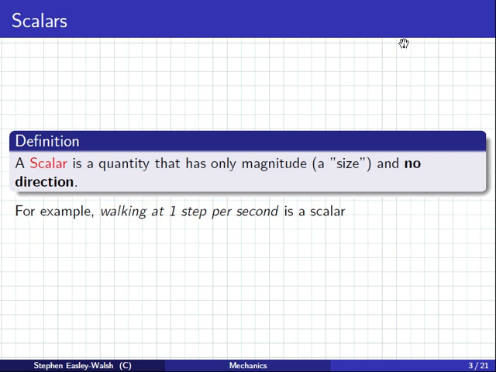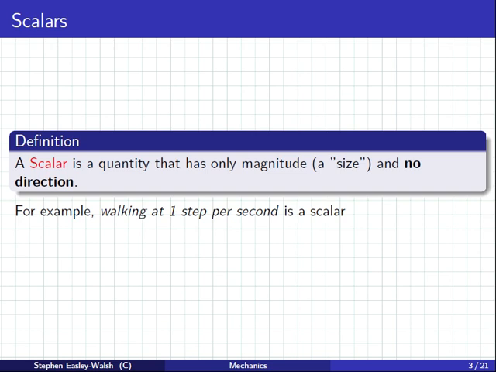So in the exam, they often ask for a scalar definition with 1 or 2 examples. Before you write this definition down, can you think of other examples of scalars to write down? Temperature is a scalar, correct?